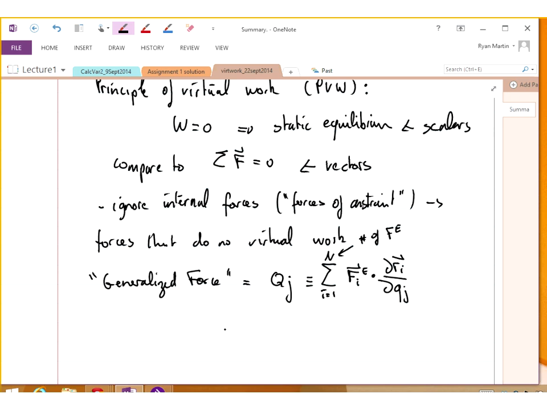And then we were able to write that the total work is the sum of j equals 1 to n, where now n is the number of degrees of freedom, of Qj delta qj. And note that there's no more vector product here, and this is a completely scalar equation.